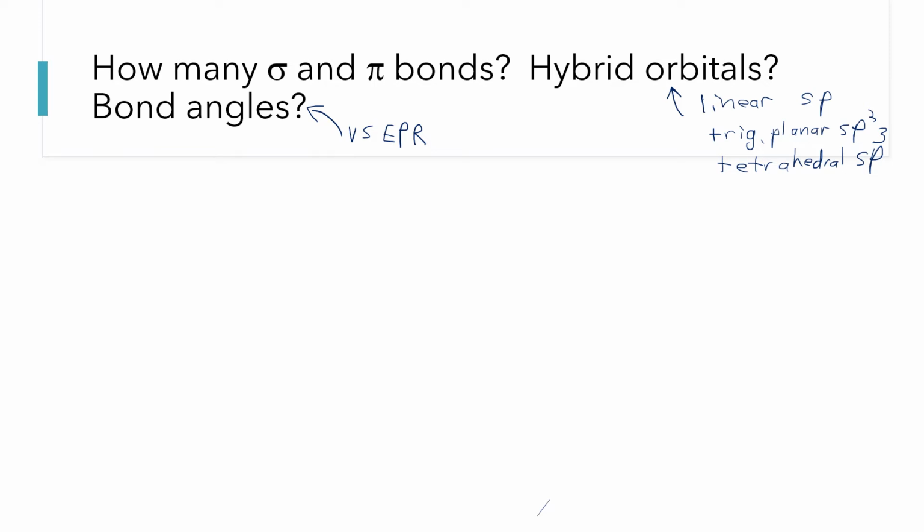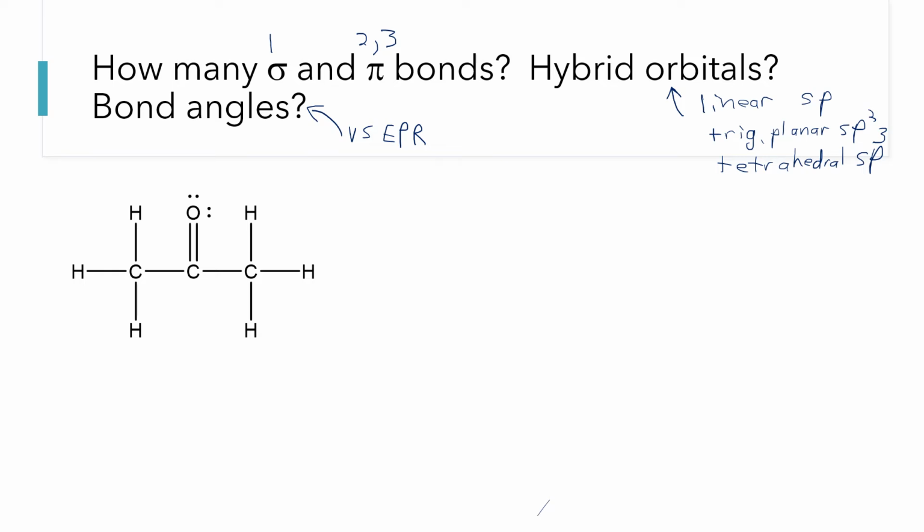And as far as the sigma and pi bonds, the first bond that's formed between any two atoms is a sigma bond, and then if there are two bonds or even a third bond, that second bond or that third bond will be a pi bond. So let's take a look at these examples. In this structure, how many sigmas and how many pi's?